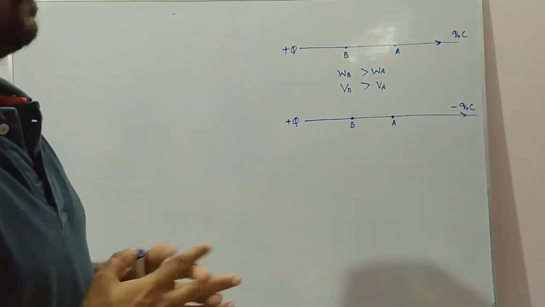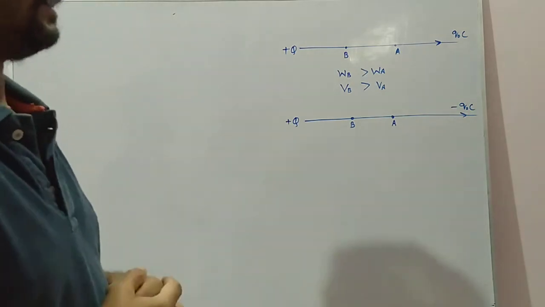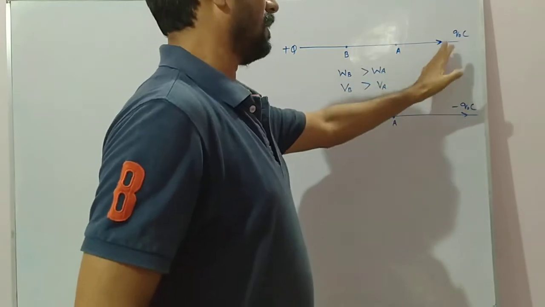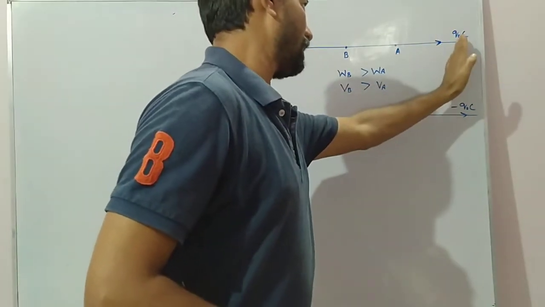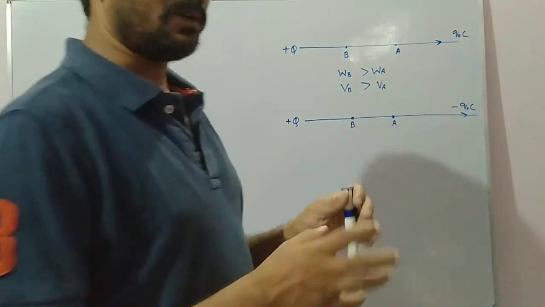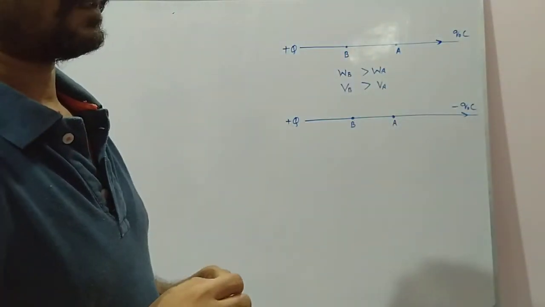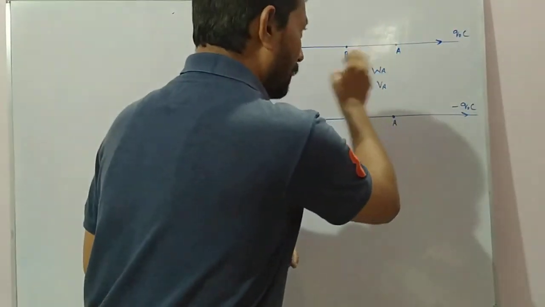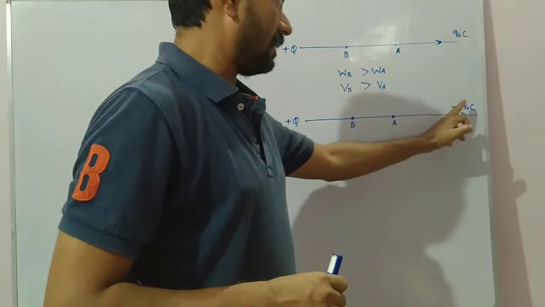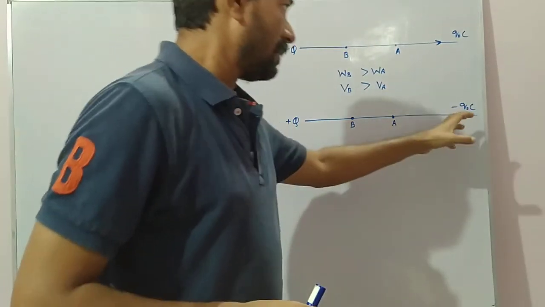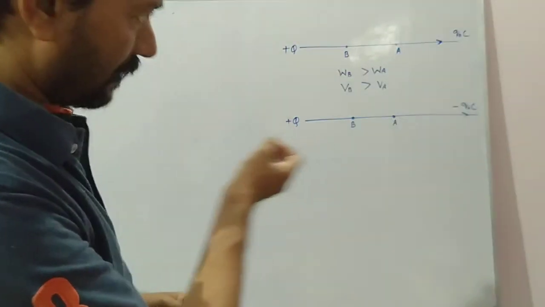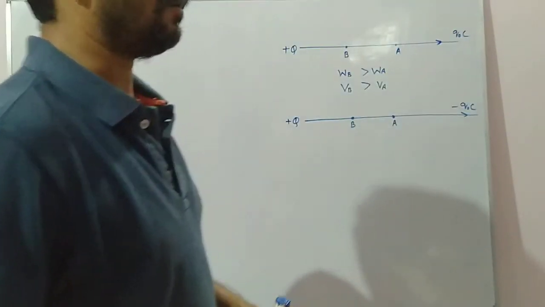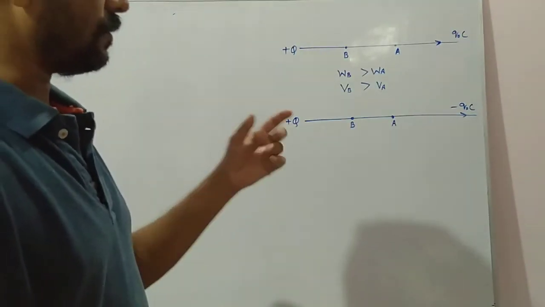And remember, in the earlier case both were positive charges, so we had to do some work to move the charge towards A or towards B. We were doing work on the charge, so the energy was increasing, that is, the system is absorbing energy. But in this case, this is negative charge and this one is positive charge, so we don't have to do any work; due to attraction it will move. Hence, the charge is doing the work itself. As such, work energy is released.